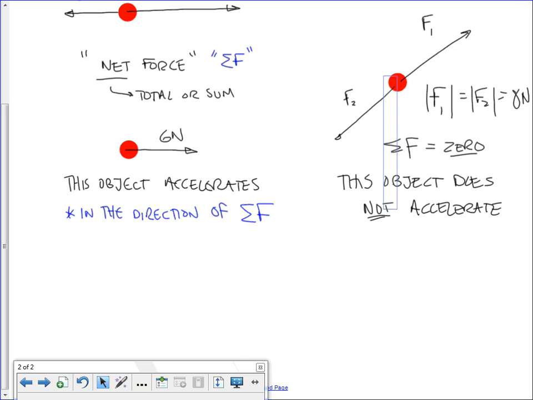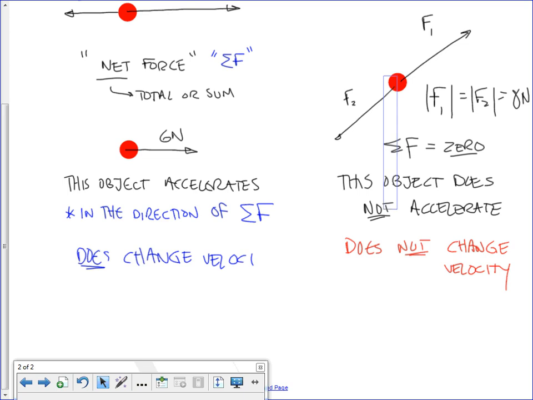If something doesn't accelerate, it means it does not change velocity. If this thing does accelerate, it means it does change velocity.